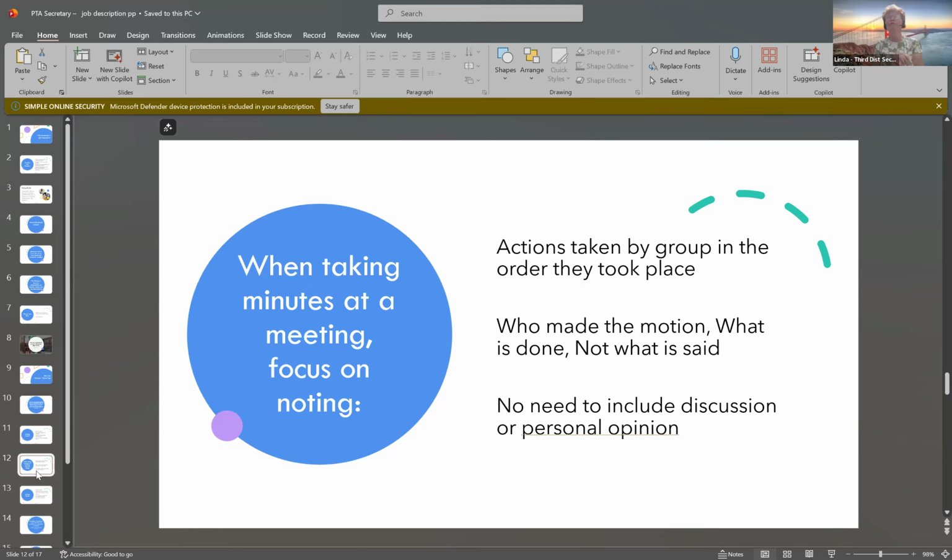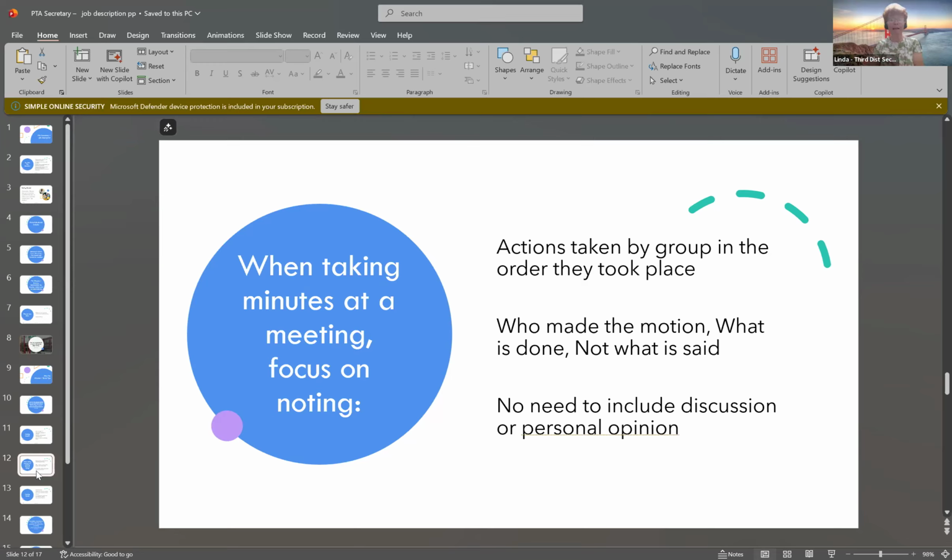So if Sally is making a motion to ratify the payments that were made for the carnival, you need to make sure that that's entered. Sally made the motion that we approve the monies for ice cream and the hot dogs and whatever for the carnival.